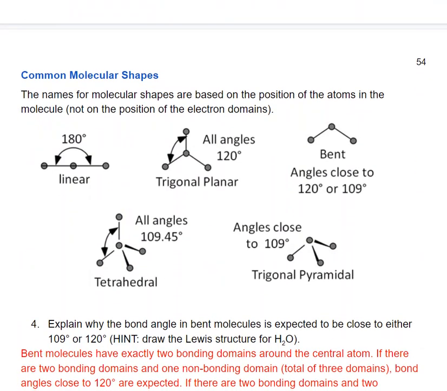The names for molecular shapes are based on the position of the atoms in the molecule, not the position of the domains. So for example, in a bent molecule, we could have angles close to 120 or 109, depending on what lone pairs are present.